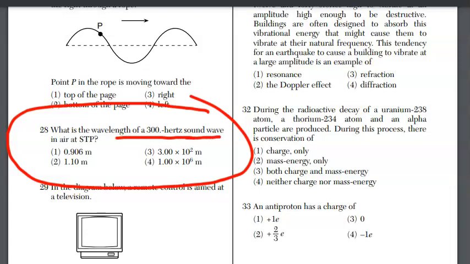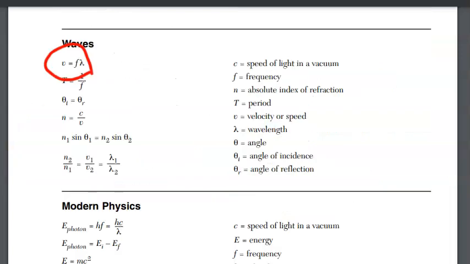Now, there are sound waves, and then, of course, there are your electromagnetic waves. In this case, sound wave in air, you have to have a medium in order to have sound. And we go back to the reference table, we take a look at the equation at the top, and we have that speed or velocity is equal to frequency times wavelength.